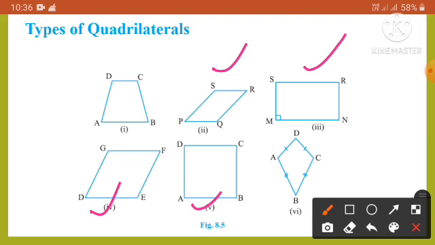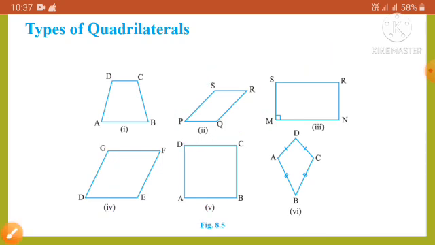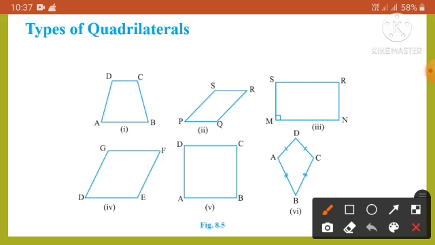Okay, so quadrilateral PQRS, this figure is also a parallelogram. Similarly, all the quadrilaterals given in figure numbers 3, 4, 5 are parallelograms.